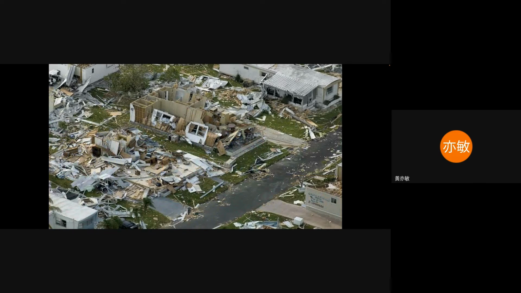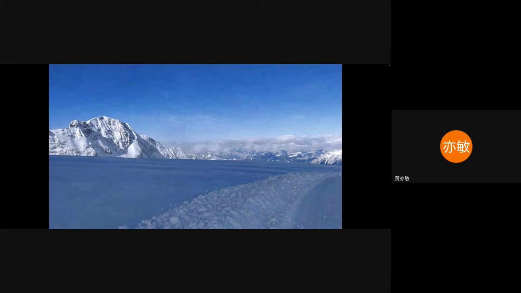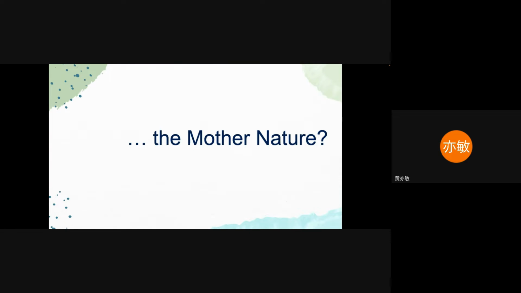In addition to those, tornadoes sometimes cause disasters in certain areas, and we even have avalanches in remote areas. All these natural hazards come from our Mother Nature.